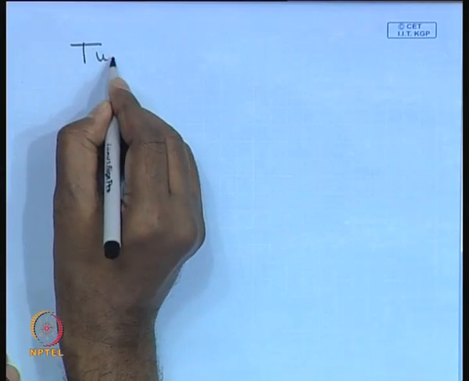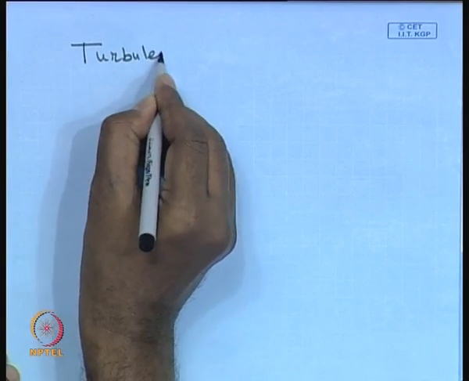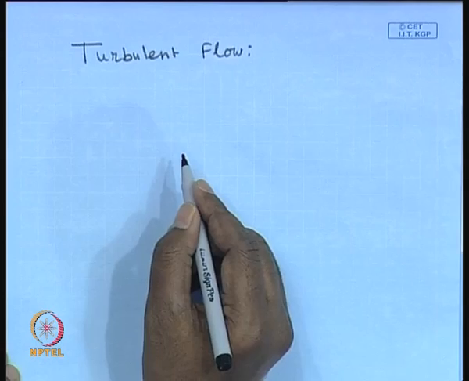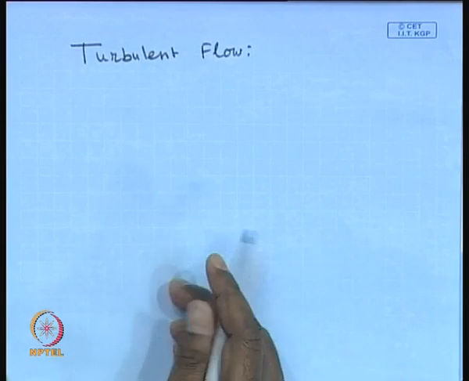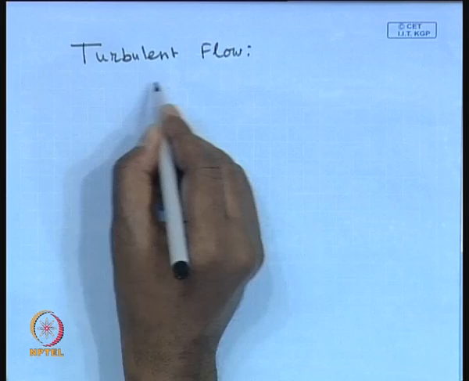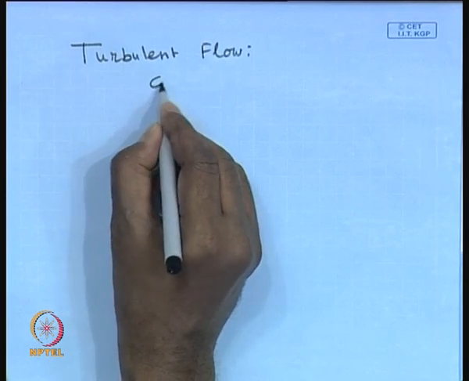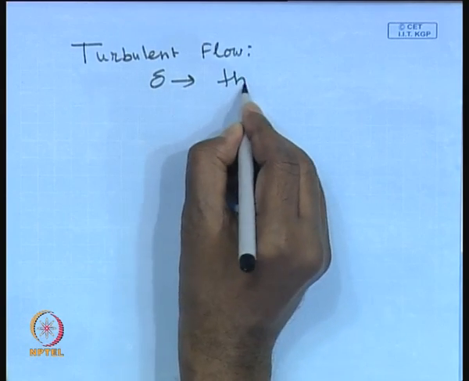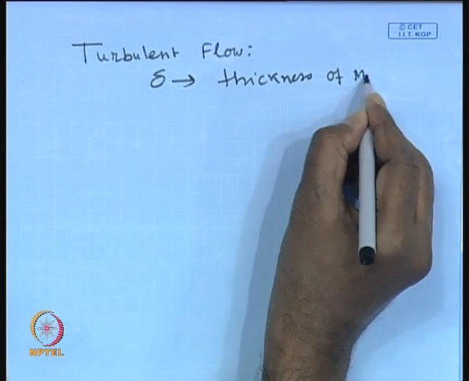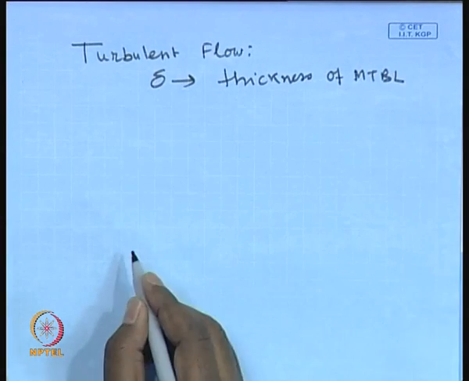Now, we assume a turbulent flow. Previously, we assumed a laminar flow, but in this case we are assuming a turbulent flow analysis. As we have discussed earlier, the thickness of the mass transfer boundary layer delta is extremely small.